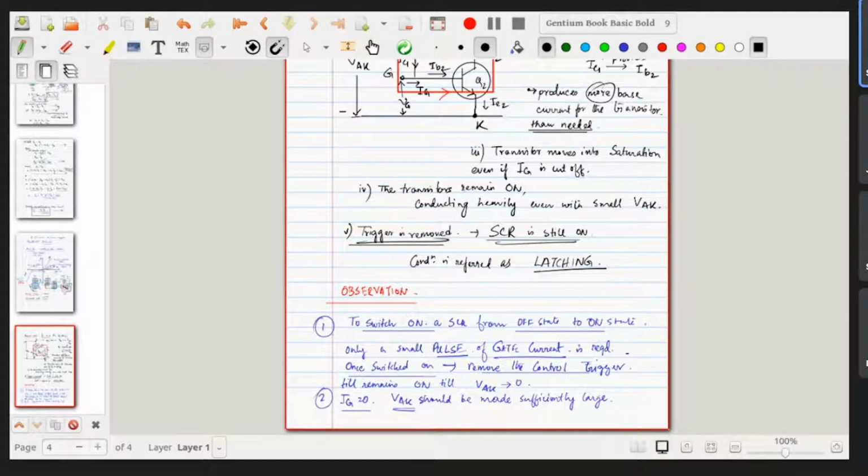In that commutation, we will have line commutation, natural commutation, forced commutation, all these topics to be discussed. But before that, what are the requirements that we must have for these power semiconductor devices, and how can this thyristor family be classified?